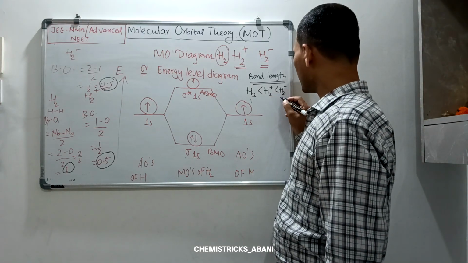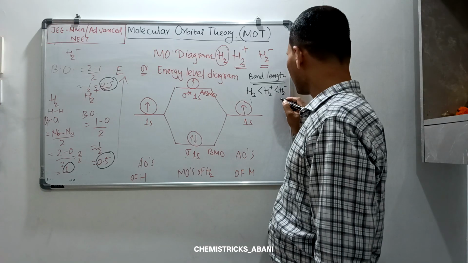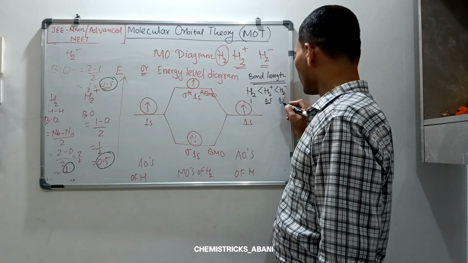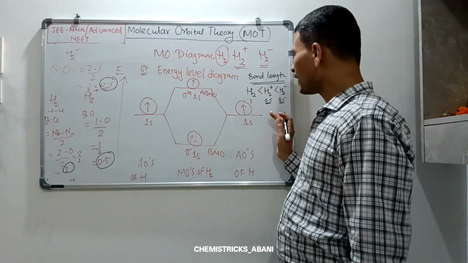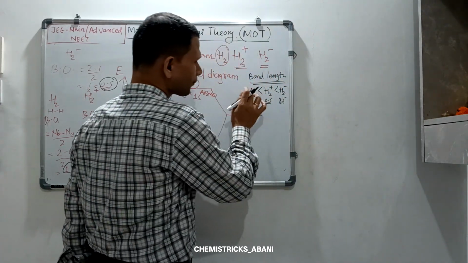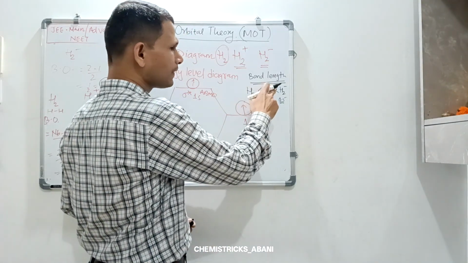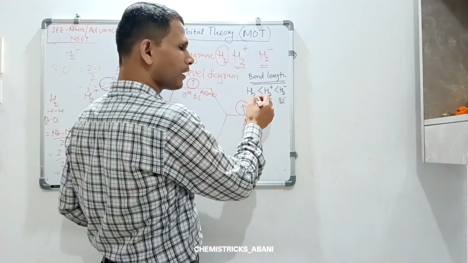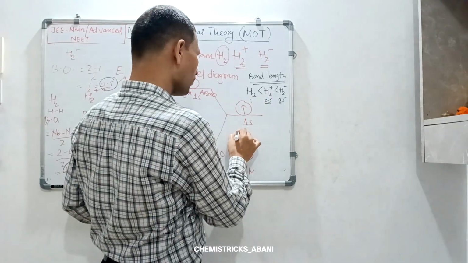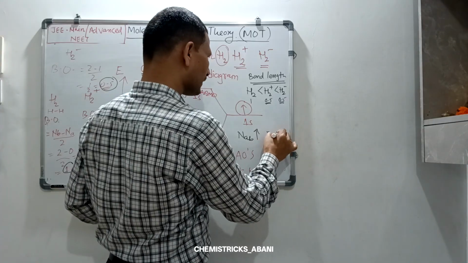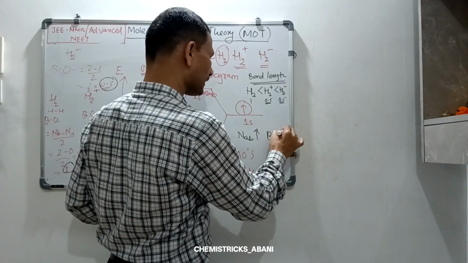The bond length of H2 minus is always high because we cannot compare by bond order, which is the same, but bond length wise, if I compare H2 plus and H2 minus, since the number of anti-bonding electrons increases, bond length increases.